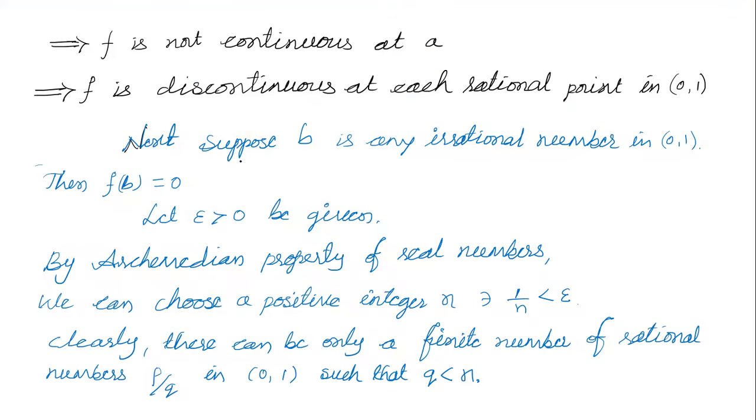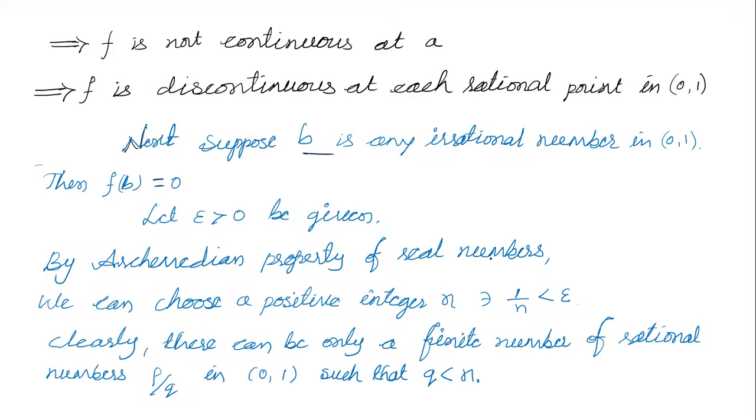Okay. Next, suppose b is any irrational number in open interval 0, 1, then f of b is equal to 0. Let epsilon greater than 0 be given.